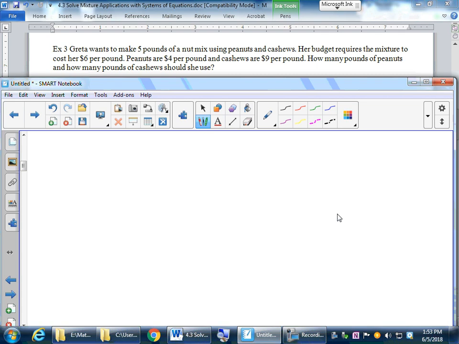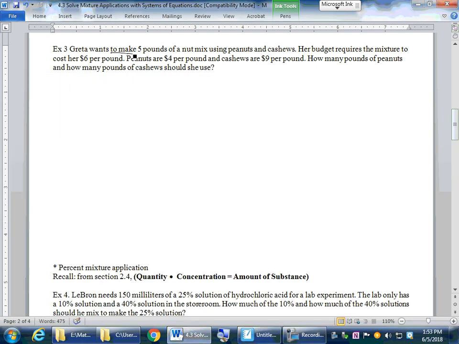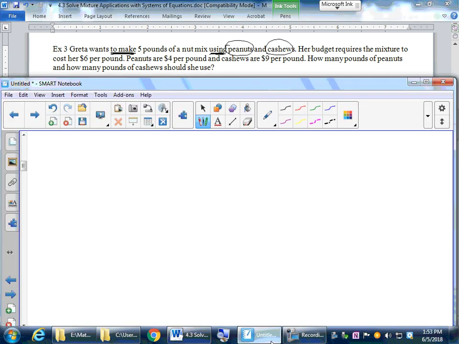In this example, we are trying to make 5 pounds of mixed nut mix using peanuts and cashews. So we know that this is a mixture, using these two different types, peanuts and then cashews.